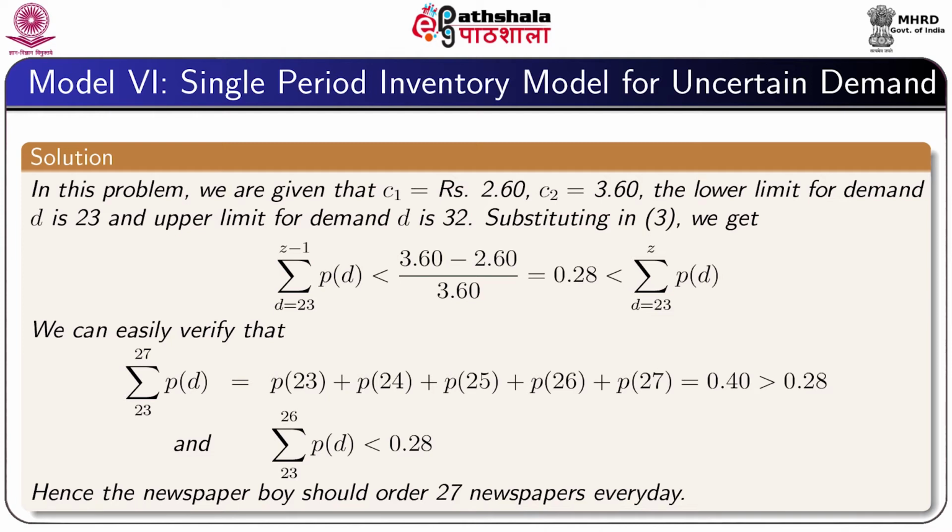We can easily verify that sigma P(D), where D varies from 23 to 27, is equal to 0.40, which is greater than 0.28, and sigma P(D), where D varies from 23 to 26, is less than 0.28. Thus, we can conclude that the newspaper boy should order 27 newspapers every day.